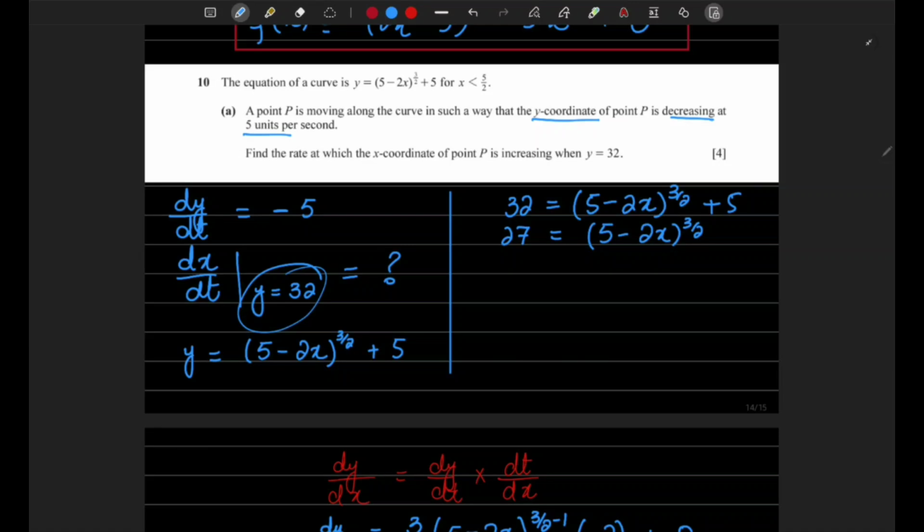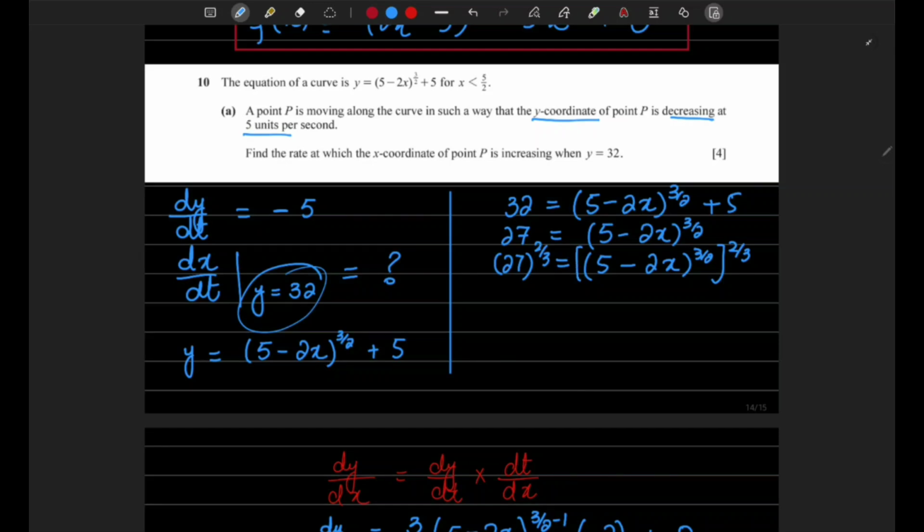Taking power 2 over 3 on both sides, directly in the same step: 27 to the power 2 over 3, and this (3 over 2) whole power 2 over 3.